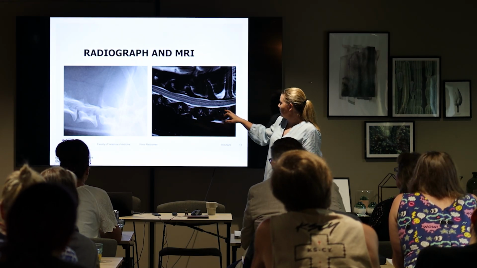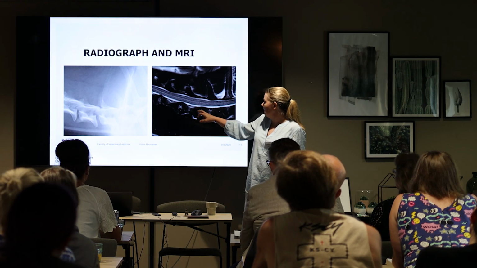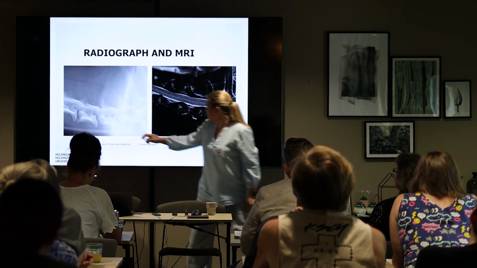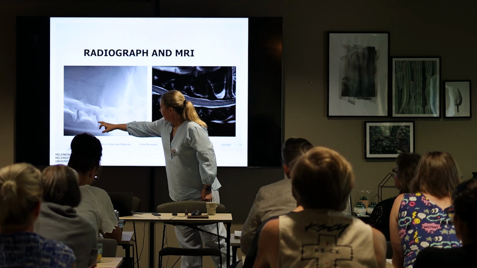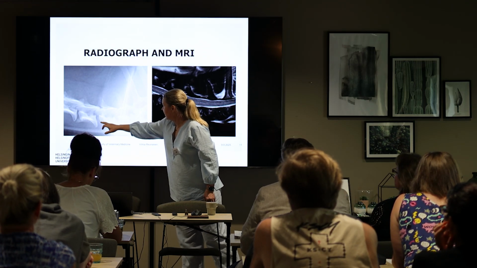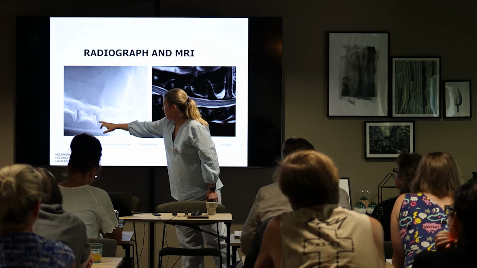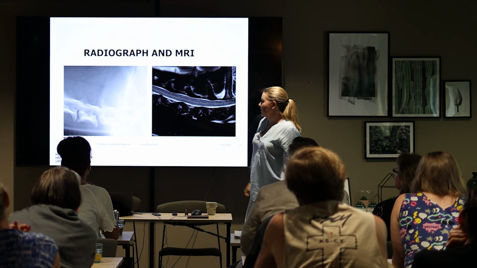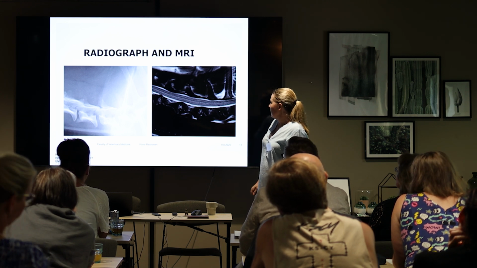It has some black spots here, resembling the degeneration, and here we can see the calcification. Here is some summation, but here we can see that the same IVD is calcified, and also some little calcification there.